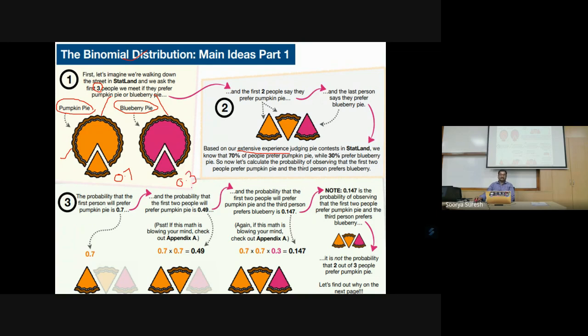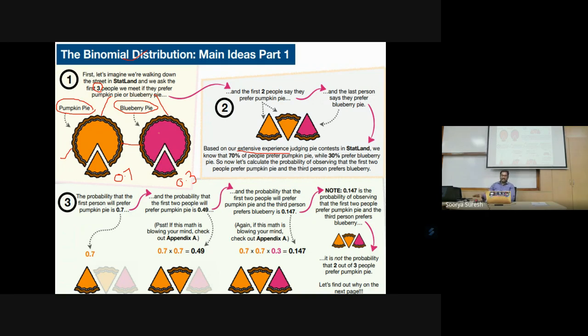Like this, I ask 3 people and want to take a decision from them. This is a 2-class distribution, either pumpkin or blueberry. The sum of the probabilities must be equal to 1. Based upon the a priori, based upon our exhaustive experience, pumpkin has 0.7 probability and blueberry is 0.3.